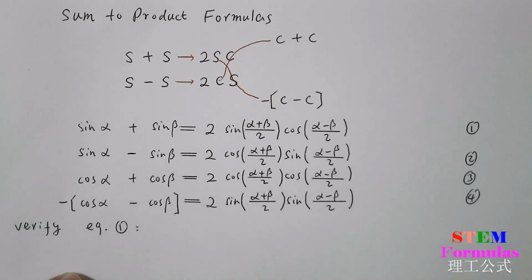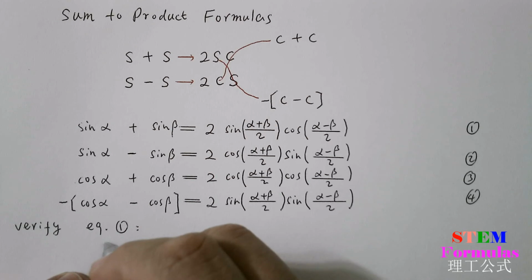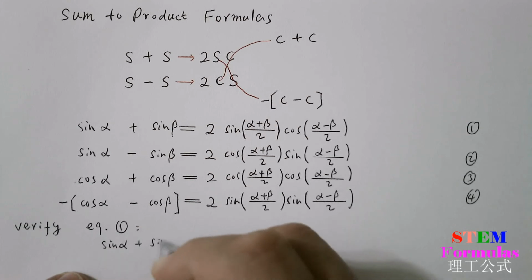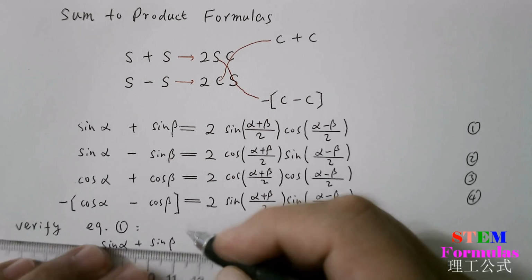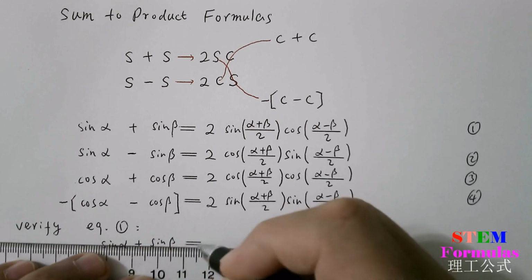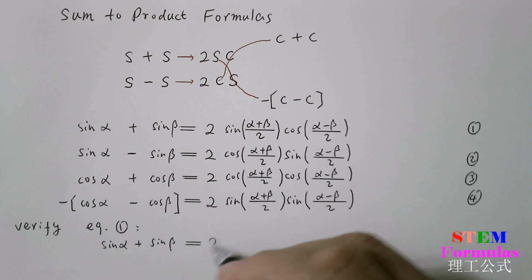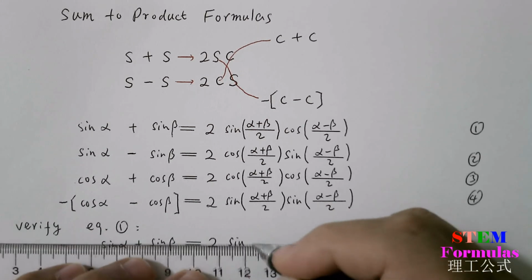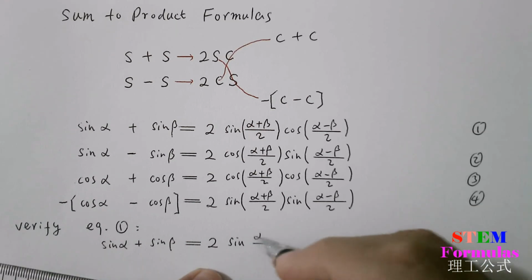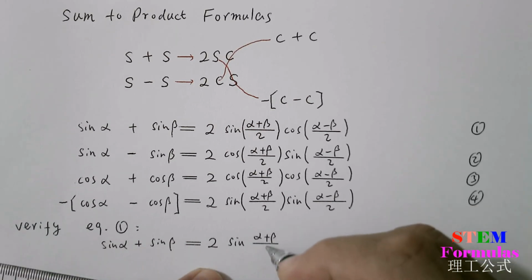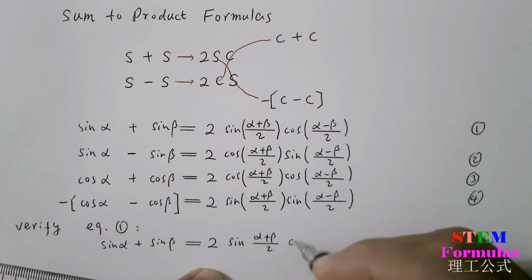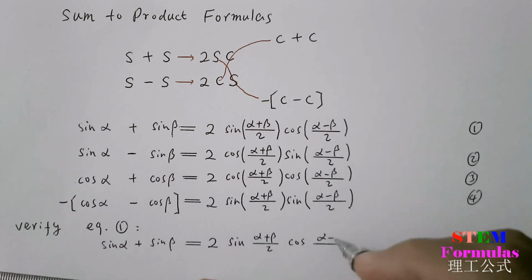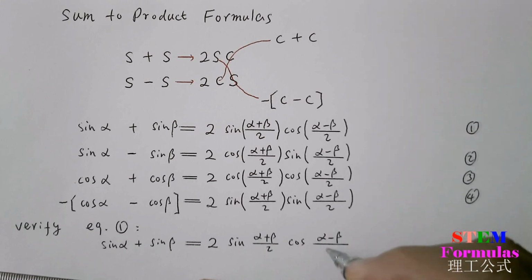Equation 1 is sine alpha plus sine beta equal 2 times sine alpha plus beta divided by 2 cosine alpha minus beta divided by 2.